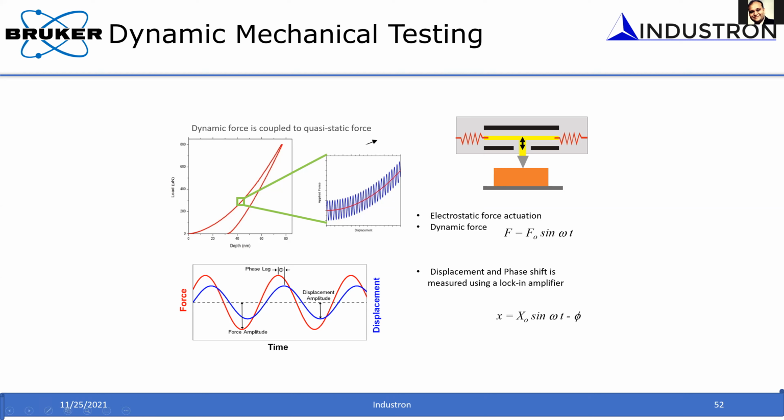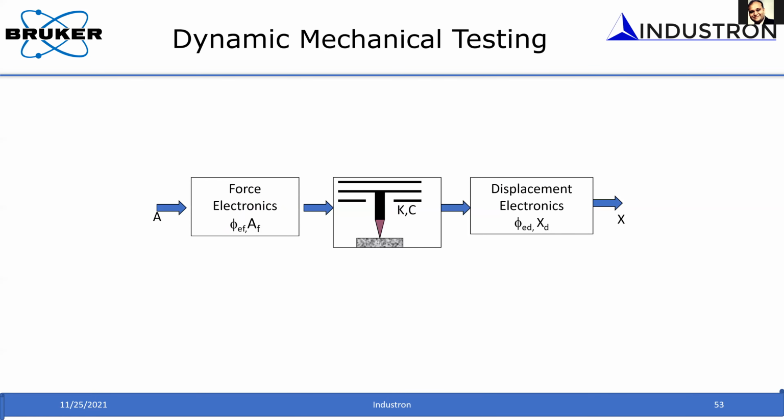From the measured response, you can deconvolute the mechanical properties. But before we do that, you need to have an understanding here, because when you apply a sinusoidal force to the transducer, it goes through the force electronics, which has some contribution, an electronic response as a function of frequency. Then it passes through the transducer and applies the force.